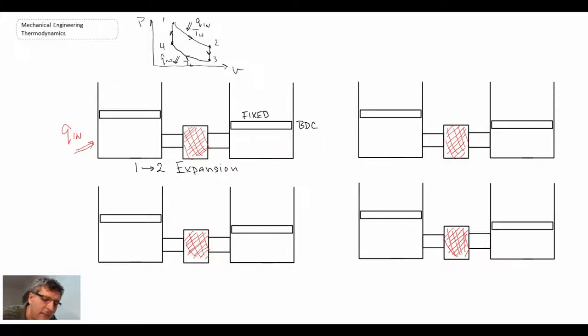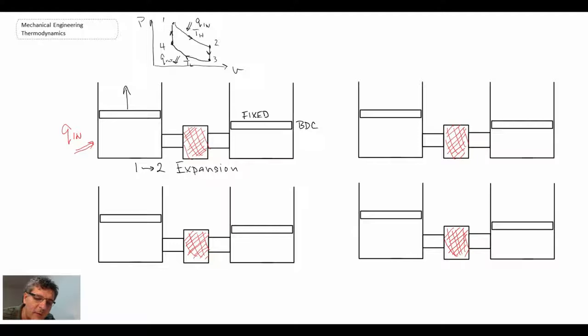So we have an expansion process taking place, but we are also doing work. And the net consequence of those two is that our expansion is taking place such that we maintain the temperature in an isothermal manner. And so the temperature is fixed at T hot during the expansion.